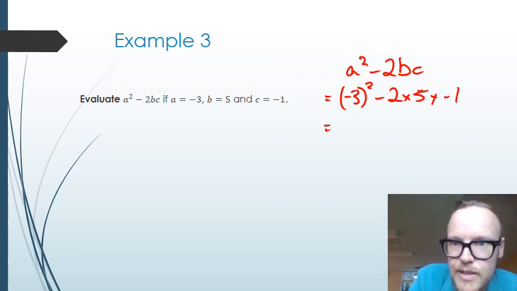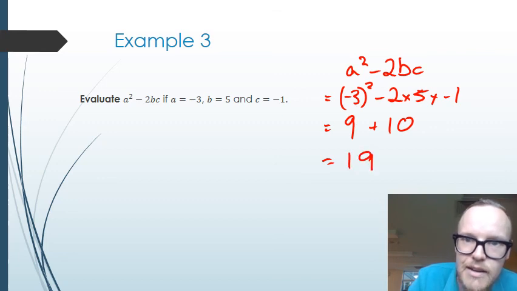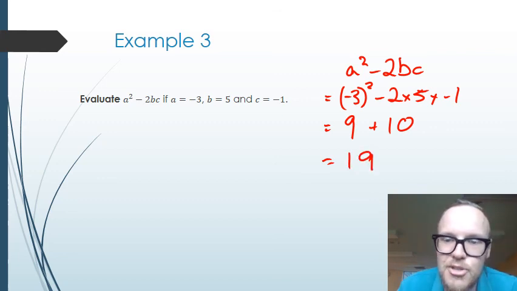So complete the order of operations. We've got negative 3 times negative 3 is going to be positive 9. And we've got minus 2 times 5 times negative 1. So it's going to be minus times minus, so it's going to be plus 2 times 5 times 1 is 10. So our answer here is 19 as far as the answer to that substitution goes.